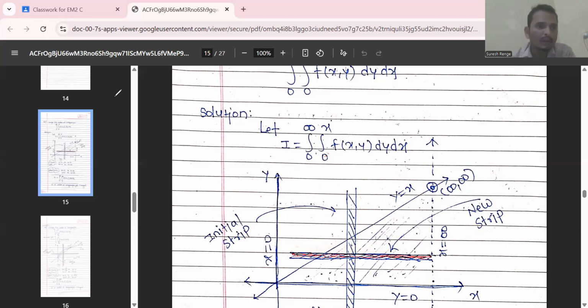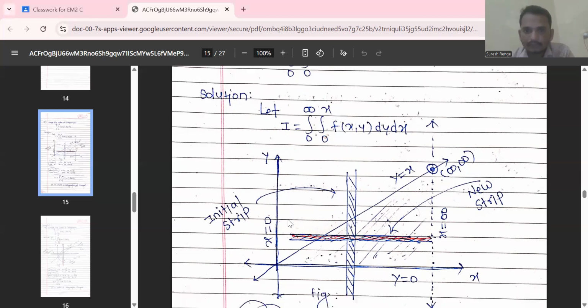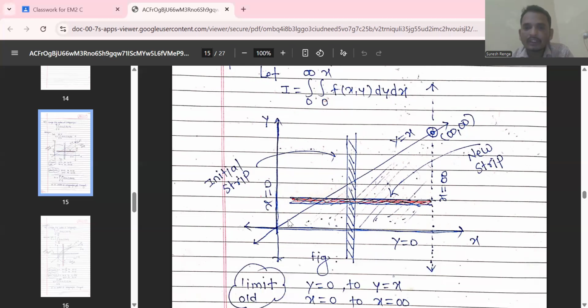Now we want to sketch the region for this integration. First of all, which variable are we integrating first? We are integrating with respect to y first, so whatever the first integration is, that is the limit for y.